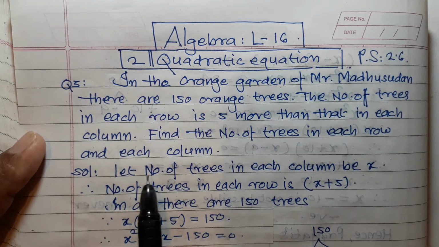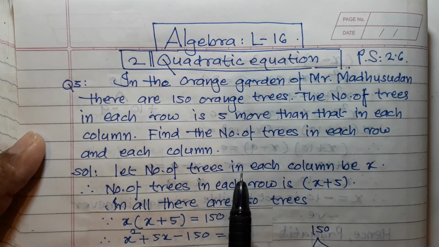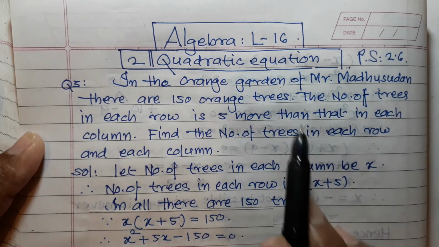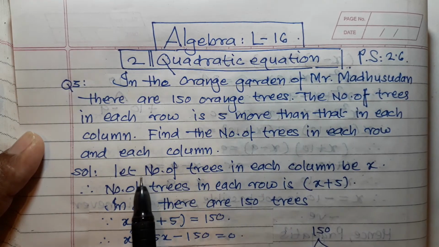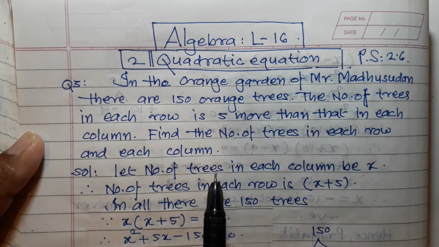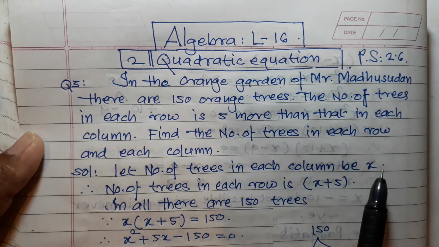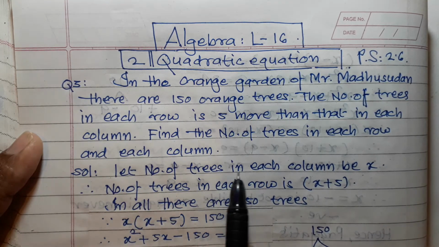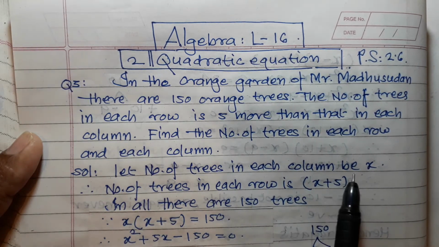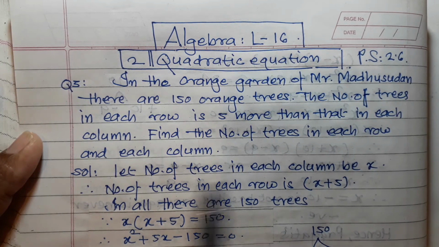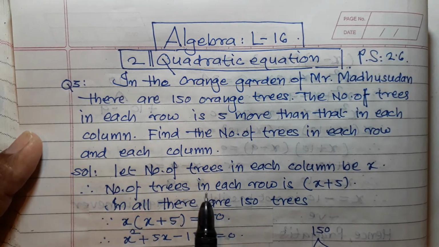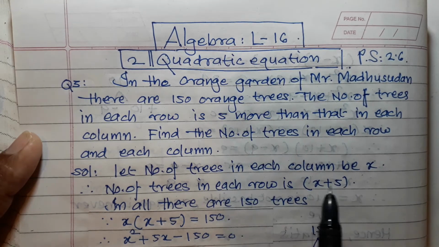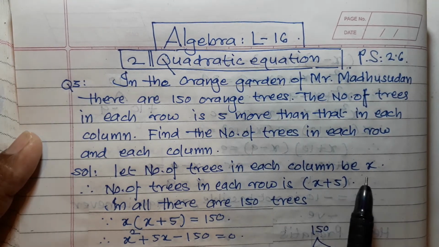Solution. Let the number of trees in each column be x. By the condition, the number of trees in each column is less, and therefore I assume the number of trees in each column be x. And therefore the number of trees in each row is 5 more, that means x plus 5.